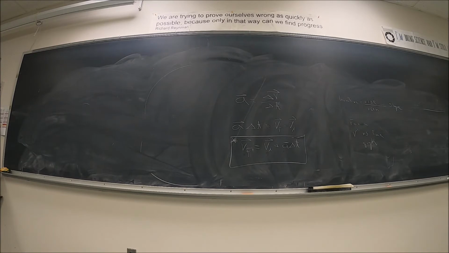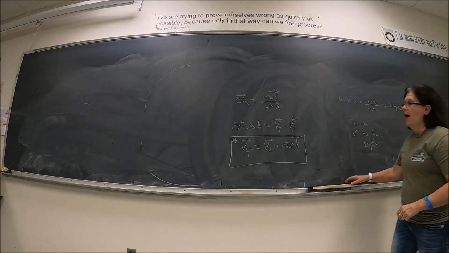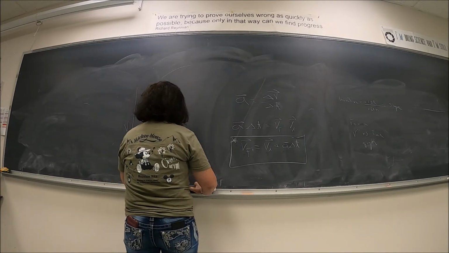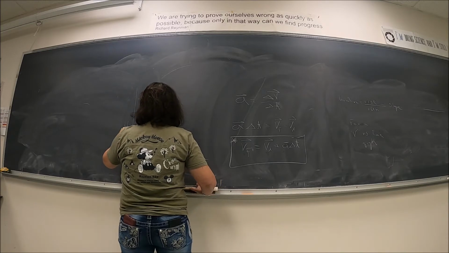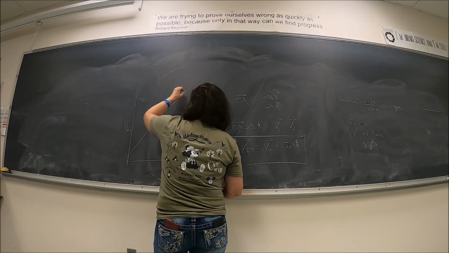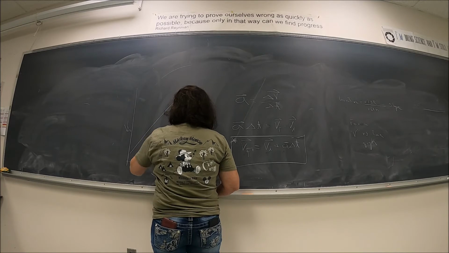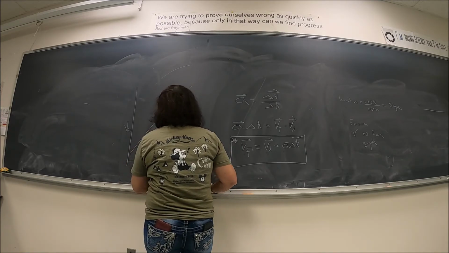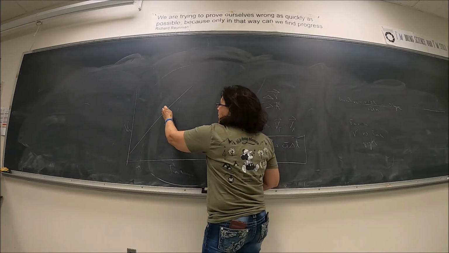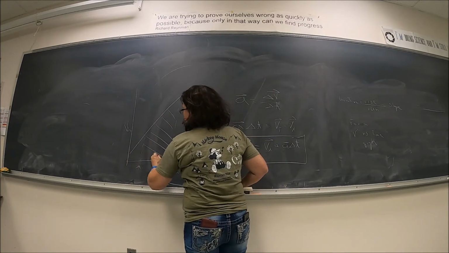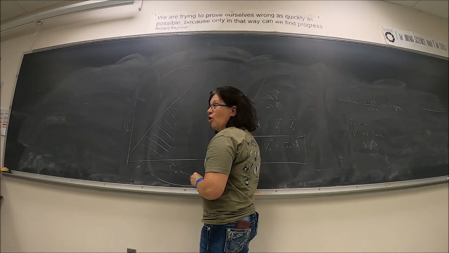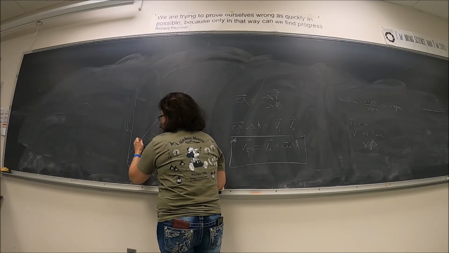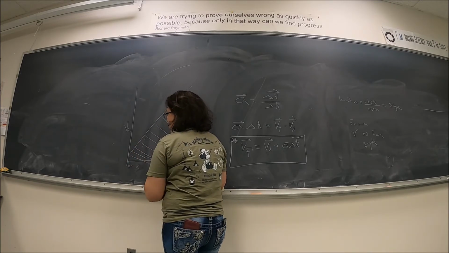Now, if I look at a velocity versus time graph from a time t initial to a t final, and we think about the area under the curve, I look at the area under that curve.